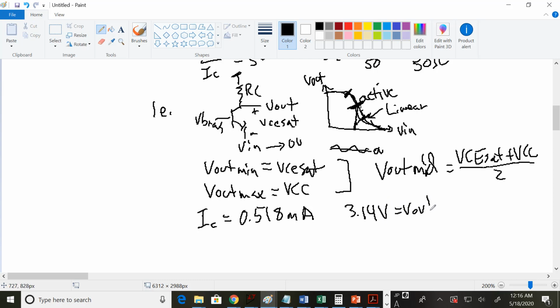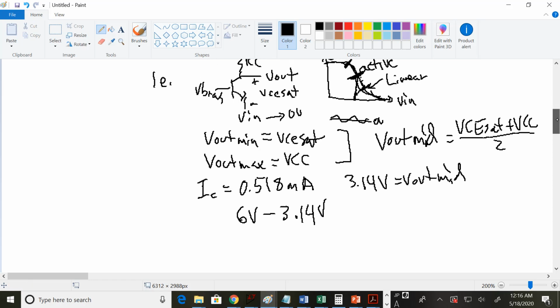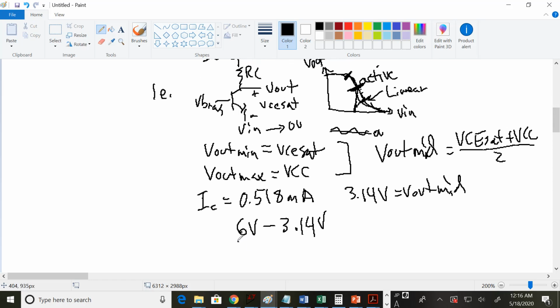V out mid. And so what I need to do is drop, the supply voltage is 6 volts, and this is the voltage at the output. So I need to drop this much voltage across the resistor, and I know the current.